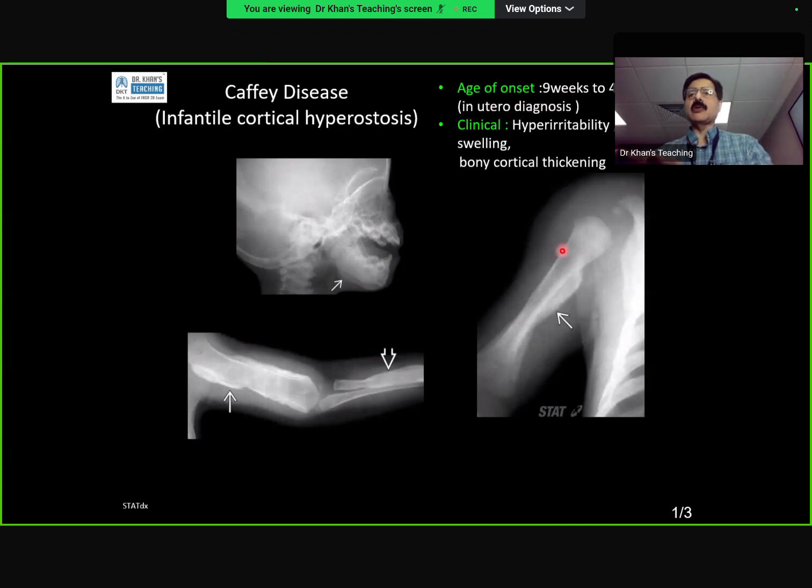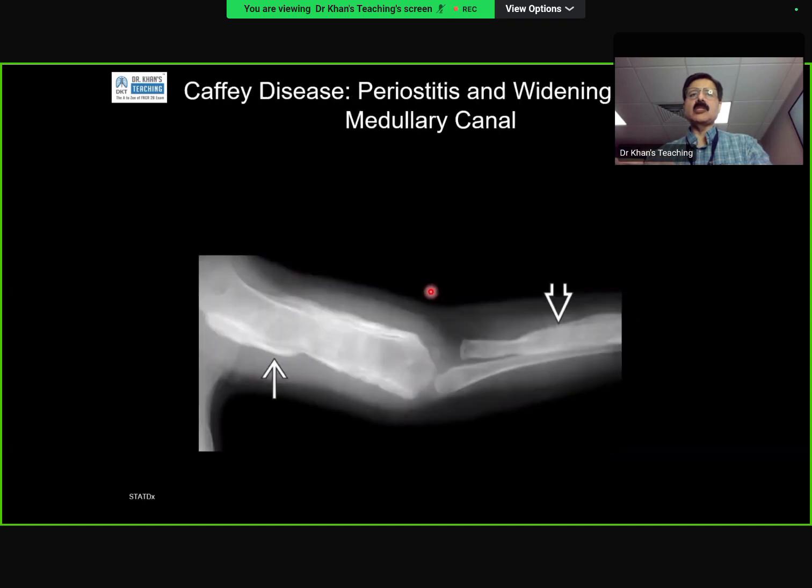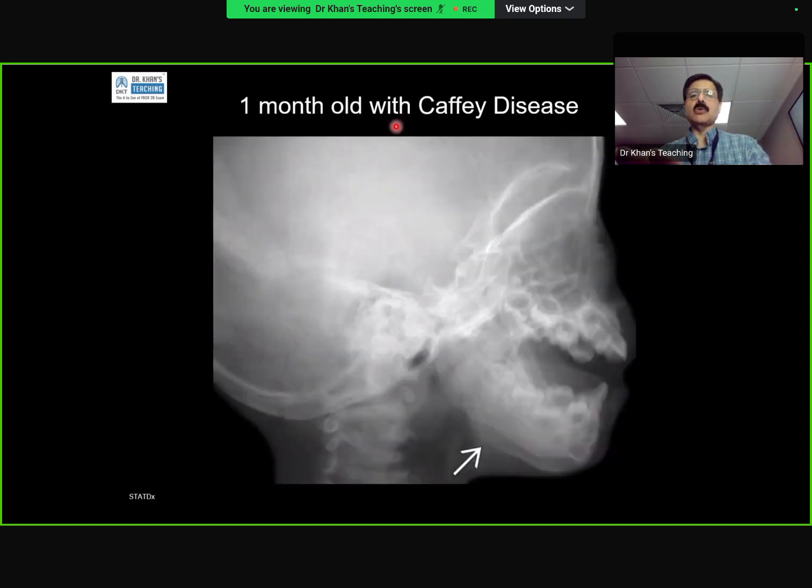So people have also diagnosed it in utero. And so this is classical diaphyseal, and this is the mandible. These are from STATdx, from other examples. This is, I think, the same example with mandible, 1 month. This is 1 month old. You see, 1 month old, Caffey's disease. This is from STATdx.